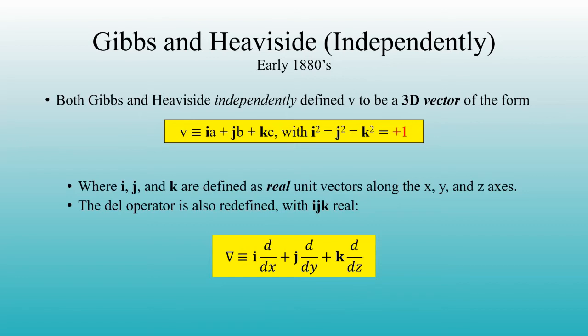It is also expressible in terms of three components, each of which was proportional to a unit vector ijk pointing along a different axis. However, the new vectors differ from the old vector in that here the ijk unit vectors are real rather than imaginary. Notice that I'm expressing the new ijk's with a black typeface rather than colored ones to indicate this.